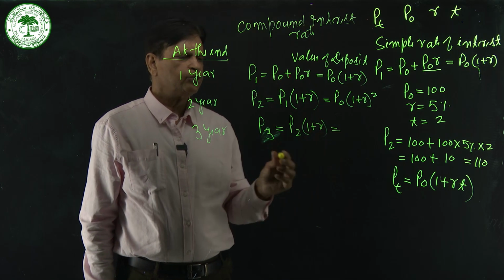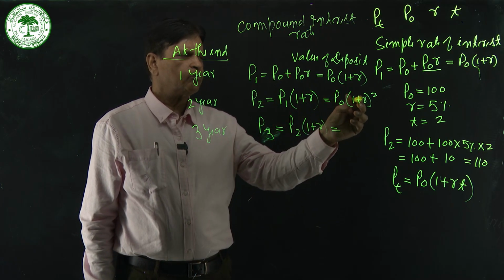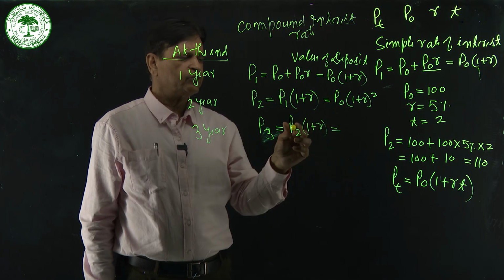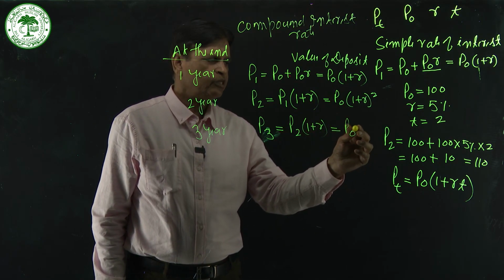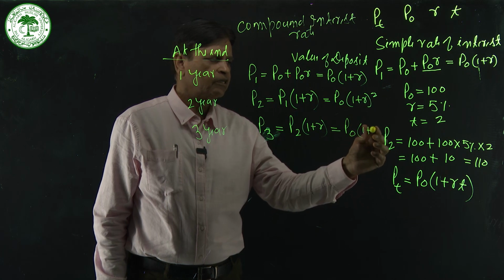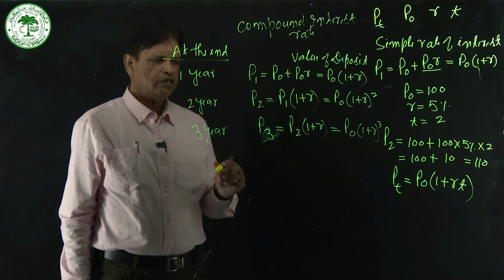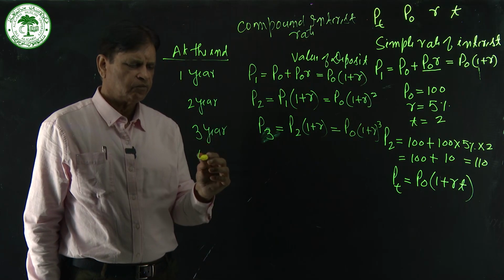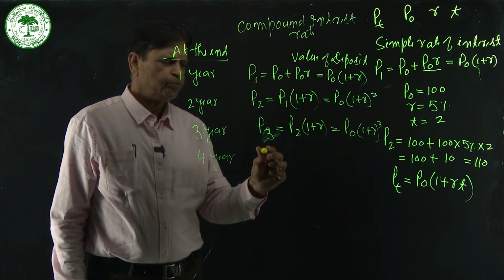Now if you substitute the value of P2 here, P2 is equal to P0 (1 plus R) raised to the power 2, this will become P0 (1 plus R) raised to the power 3. Similarly, after 4 years, that is P4.